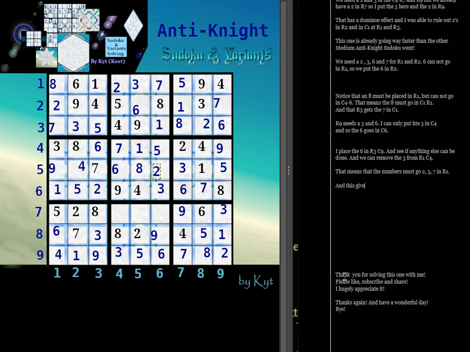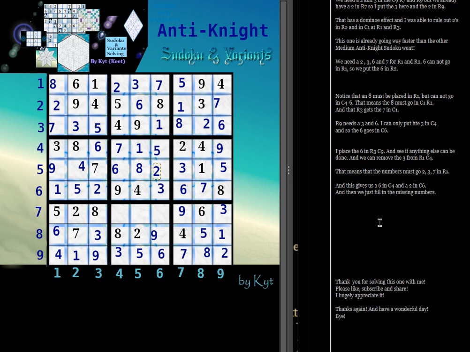And this gives us a 6 in column 4 and a 2 in column 6. And then we just fill in the missing numbers. 1, 7, and 4.